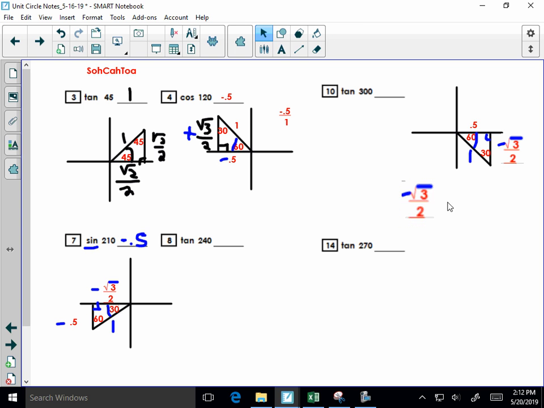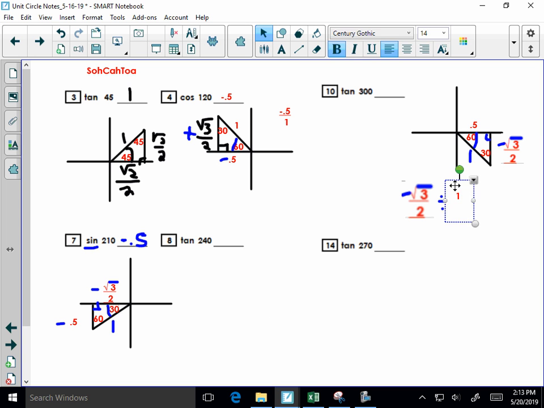So we have negative square root of 3 over 2 divided by, let's go ahead, and I like to write it as a horizontal division instead of a long bar underneath here, divided by 0.5 or 1/2. 1 divided by 2.